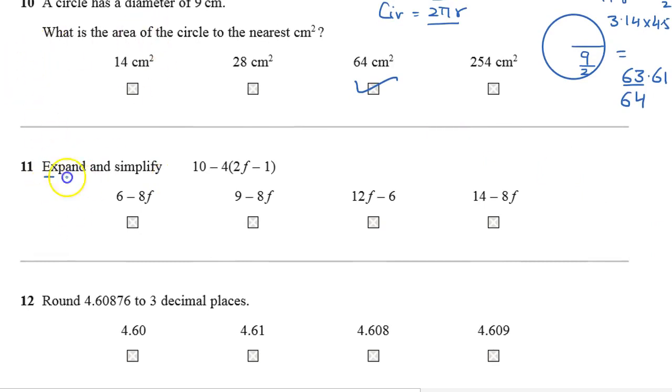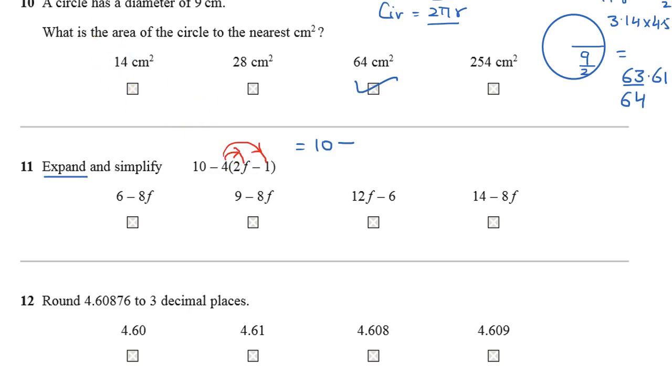Now question number 11, expand. Expansion means remove the brackets. So that is 10 minus, now this 4 is going to be multiplied by 2f and multiplied by 1 both.